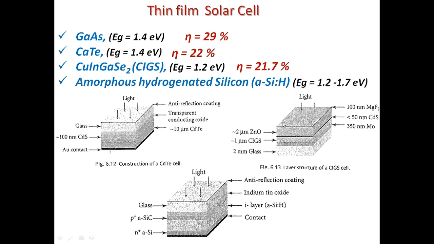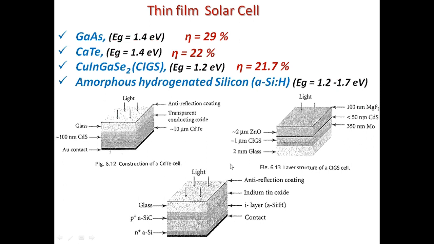So this is the basic structure. You have a PN junction in the form of CIGS and CdS. You have two contacts, molybdenum and ZnO, front and bottom contact, and then you have the anti-reflection coating. These are the main common components that are required to build a solar cell.